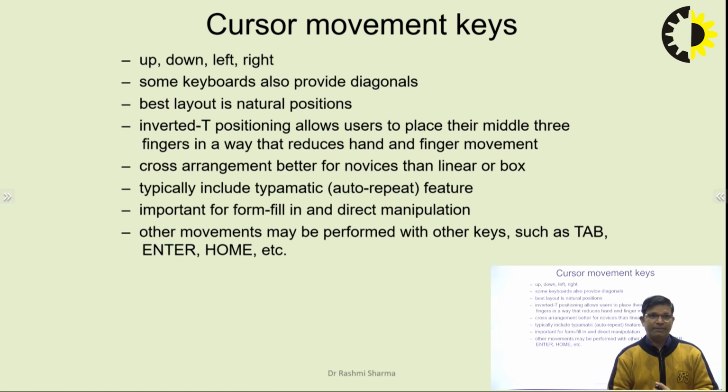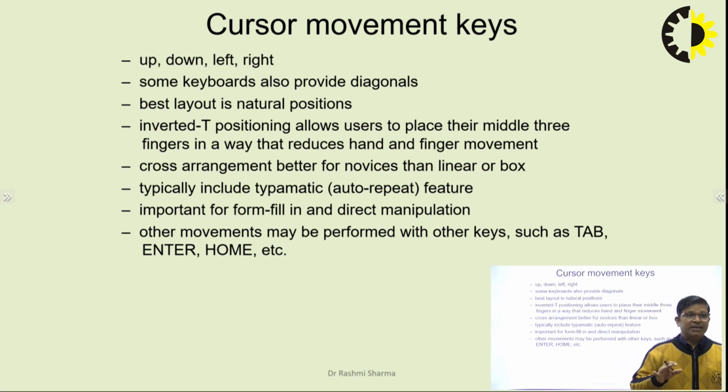Cursor movement. There are 4 keys: the left arrow key, the right arrow key, the up and down keys. These move the cursor to the desired place. These keys can also provide other functions in combination with other keys.